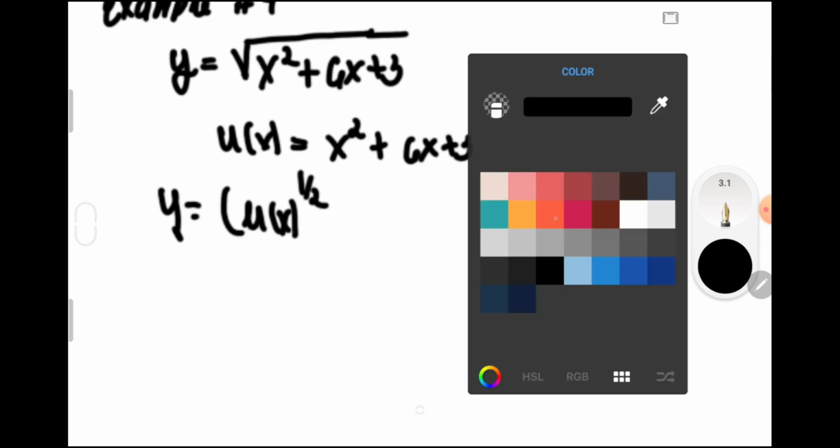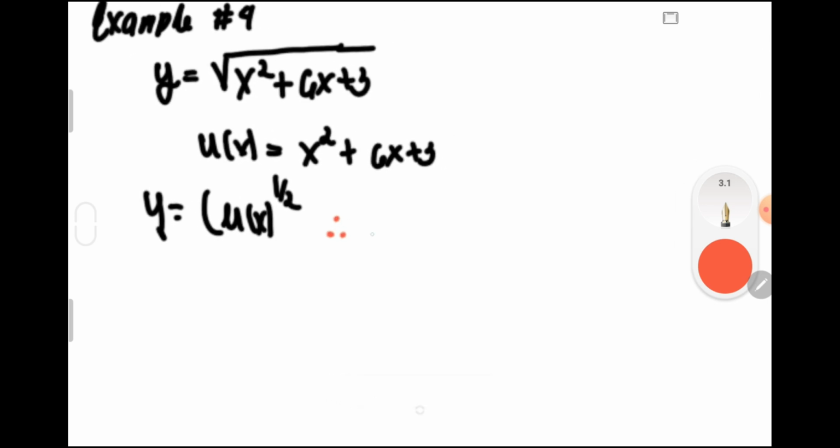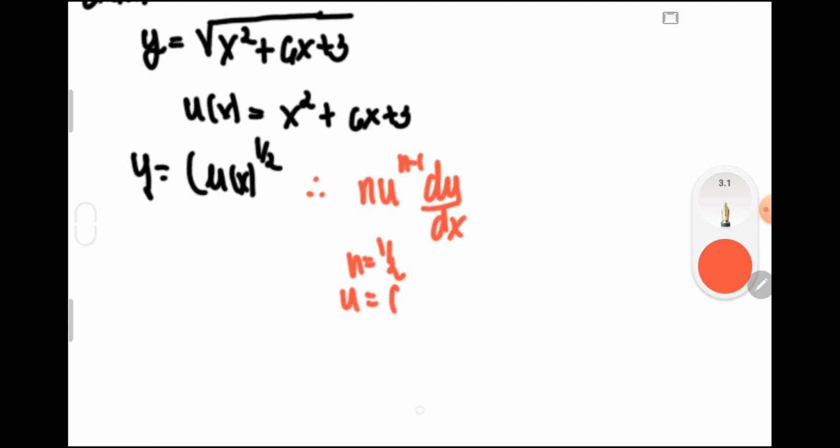Wherein, from this, we may say that we will use the formula of our power rule, wherein n u raised to n minus 1 du over dx. So our n here will be equal to 1 half. Our u will be equal to u of x.